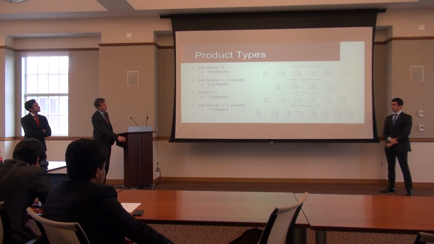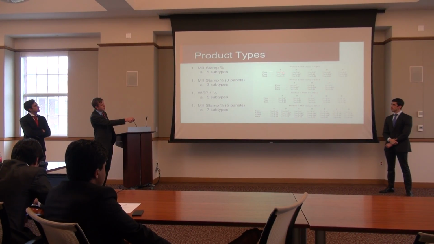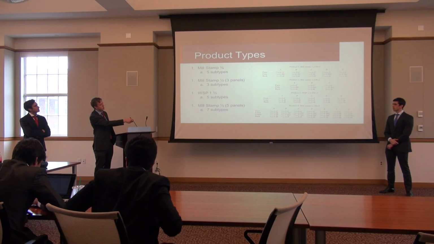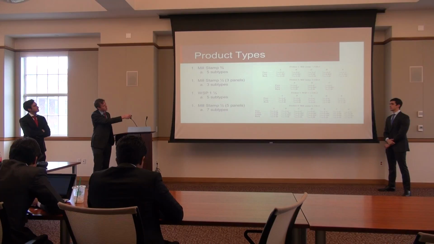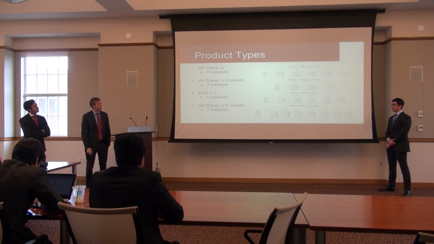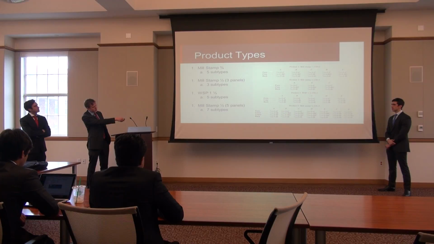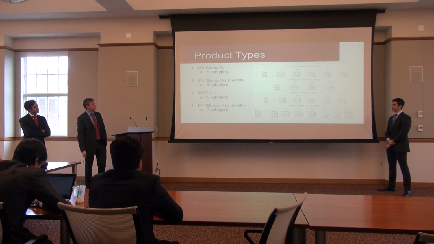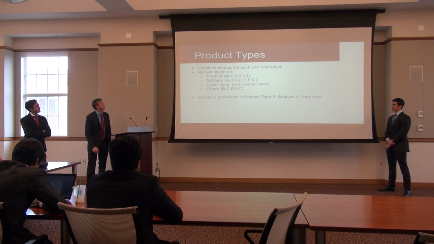Over there is the data we were given, and this one is the 110 of species 2, grade C. So that's the base, and then there are requirements for the core and back for all the different subtypes and throughout all the different products. As you can see, the tricky one is at the bottom, product 4. It has the centerpiece, so there are 4 different layers in that one. That one causes a few problems.